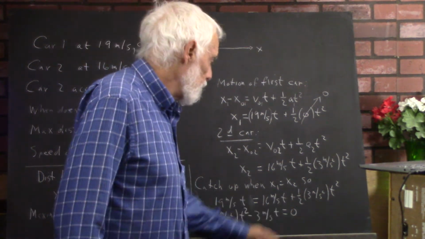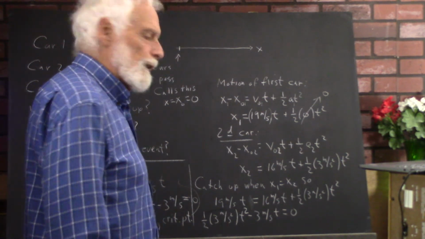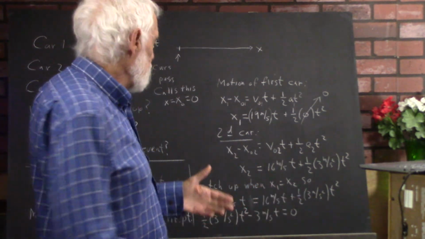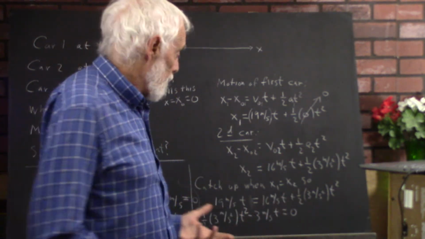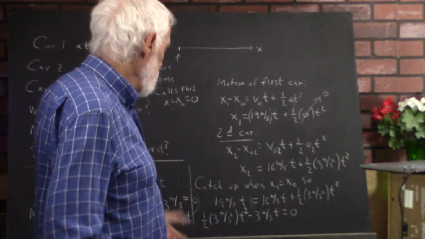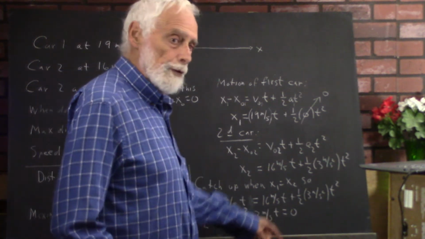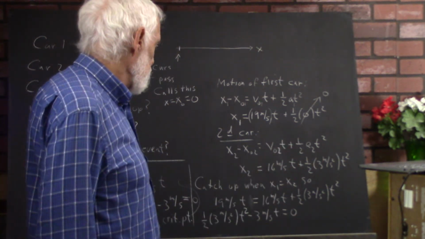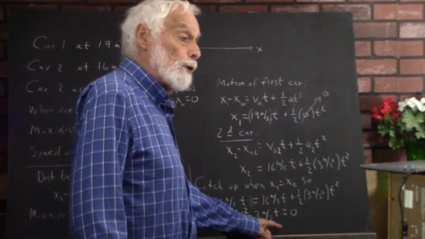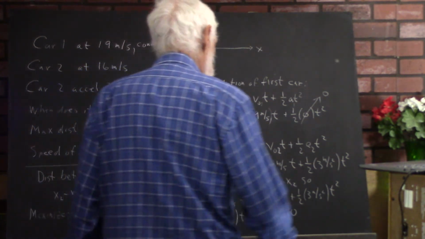It's a quadratic equation, but since the cars started at the same point, the coordinate of that point, 0 anyway, is the same on both sides and it's going to disappear from the equation, so we get a very easy quadratic equation to solve. Just factor out the t and use the product of zeros thing. And you're going to determine that t is going to be 2 seconds. I don't think I ever wrote that down.